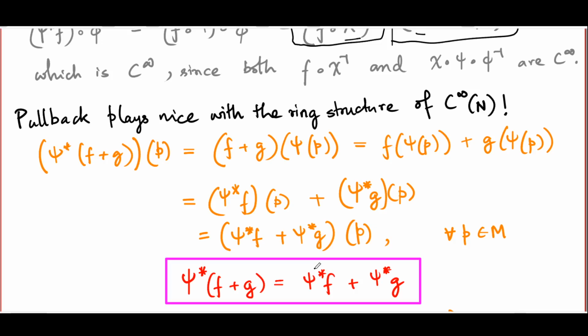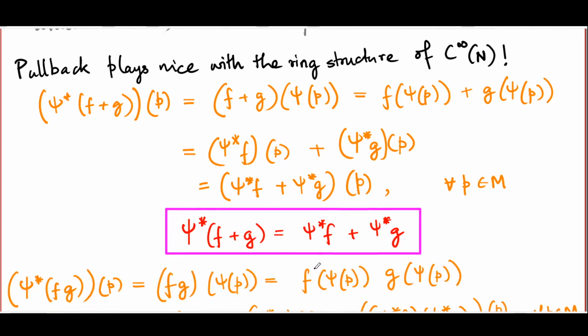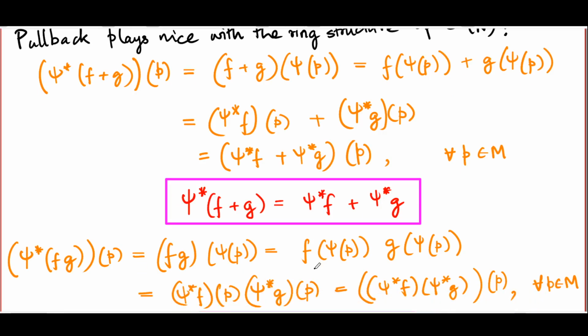And very, very similarly, the other important ring operation is also one the pullback behaves nicely with. Psi star acting on the product fg at p is fg at psi of p, once again from definition. And again by definition of product, it becomes f of psi of p times g of psi of p. But f of psi of p is psi star f acting at p, and g of psi of p is psi star g acting on p.